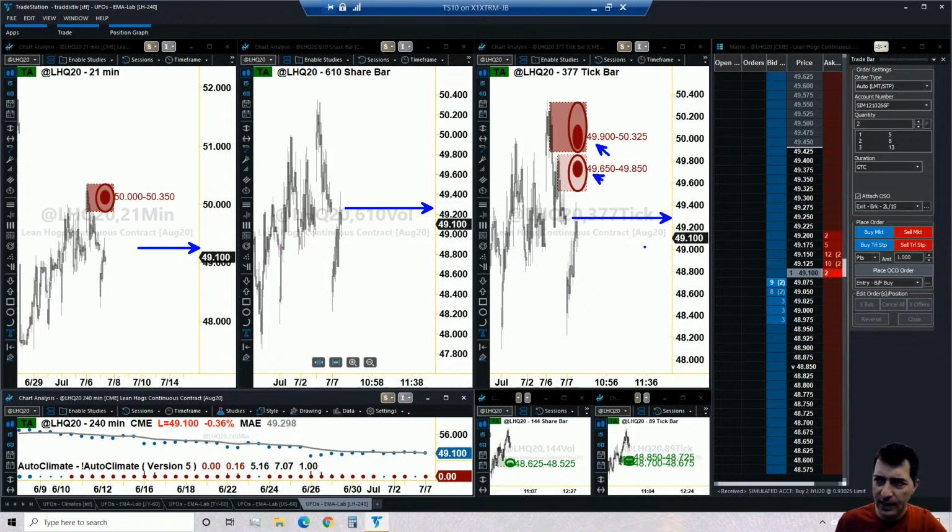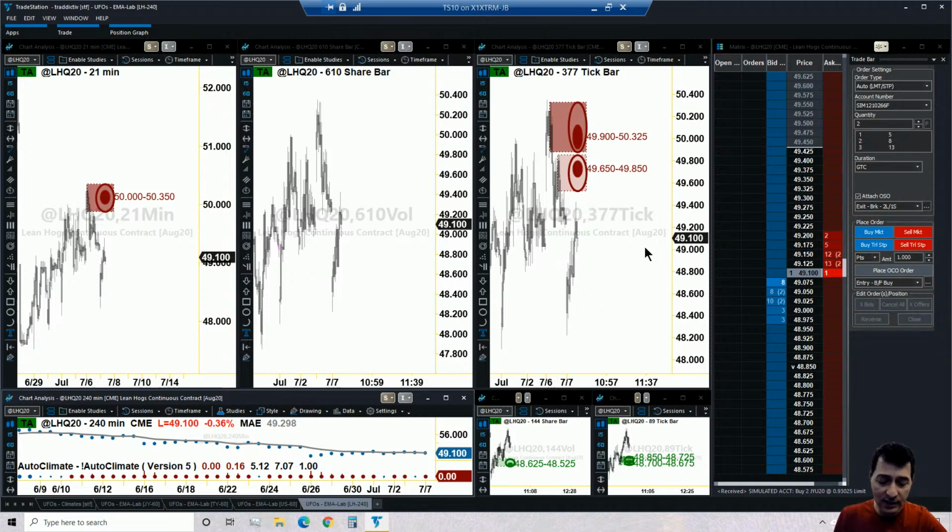So therefore we have a patience situation where we just need to wait. Lean hogs is certainly giving us the right climate. Candle 1 out of 8, that's almost perfect, but we have no UFOs, and therefore taking the trade would be way too hopeful. So we just need to wait until the UFO forms.